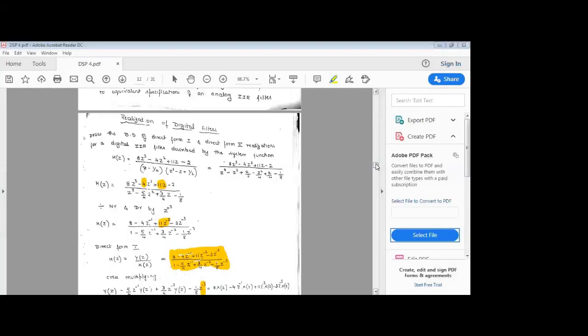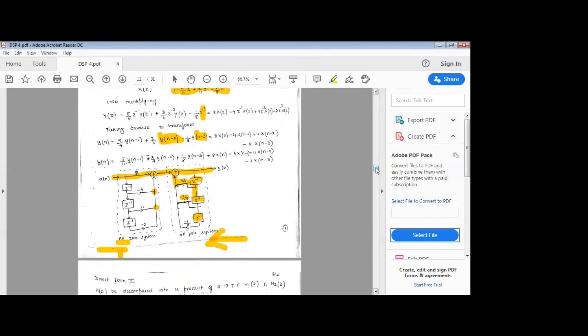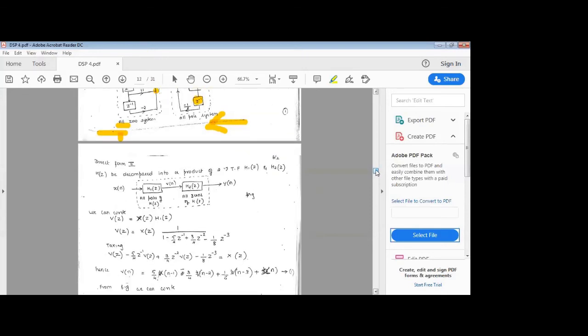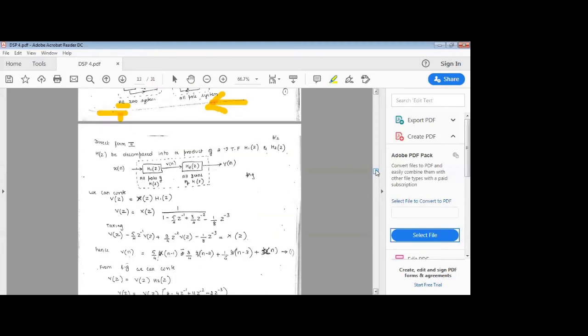Once we are done with the direct form one structure, we have seen its disadvantage. The main disadvantage in the direct form one structure was that the number of delay elements, or hardware components required for the implementation, becomes double the order of the filter. To eliminate this, we have one more structure, the direct form 2 structure.